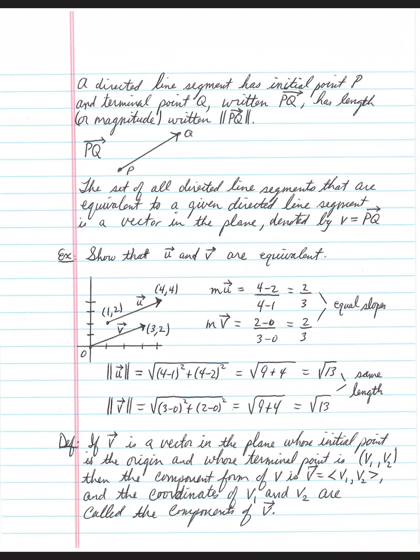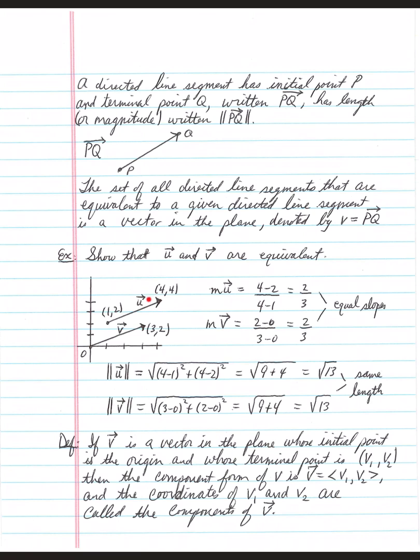Our first example, let's show that vector u and vector v are equivalent. They are equivalent if they go in the same direction and have the same length. So let's check out the slopes.